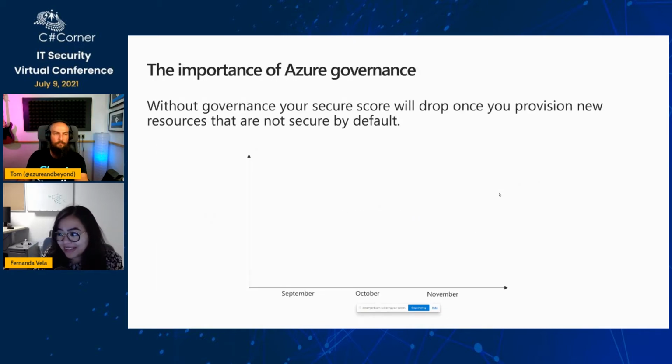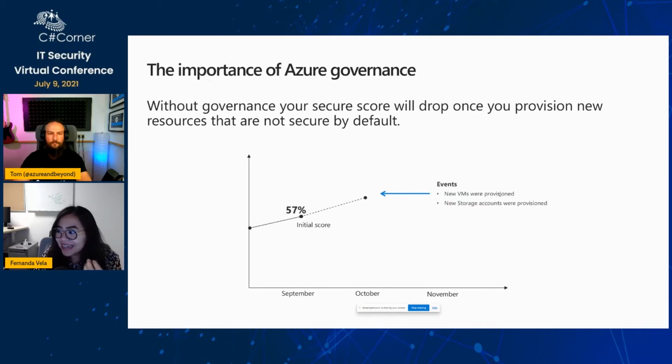Now, let's face it, keeping your secure score at its highest level by following recommendations may look a little bit scary whenever you have a complex environment, and also when you have a hybrid environment that is rapidly growing, right? And why is this, right?